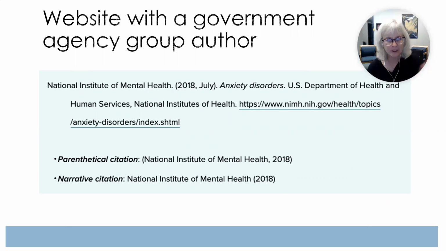Again, first, in your references, you're going to write out National Institute of Mental Health. And then in your parenthetical citation, the first time you write out National Institute of Mental Health, and then include the acronym if you're going to be referring to it on subsequent occasions. Same for the narrative citation. National Institute of Mental Health 2018 reported that blah, blah, blah.